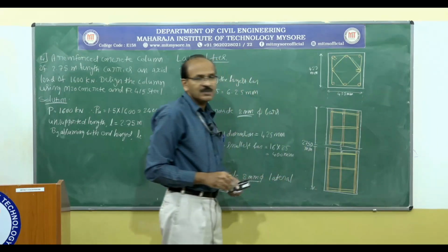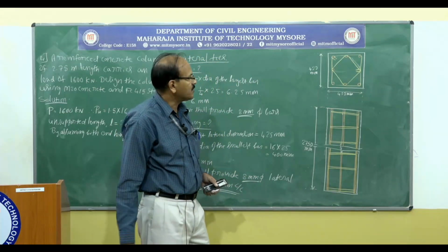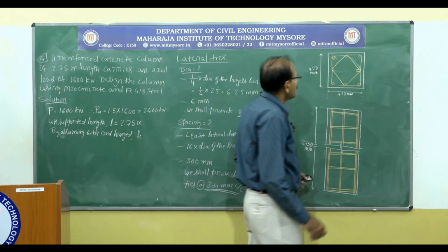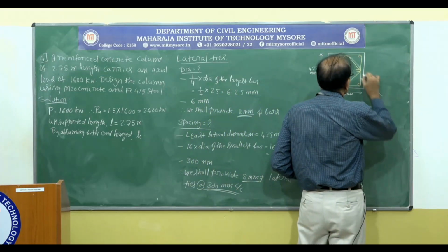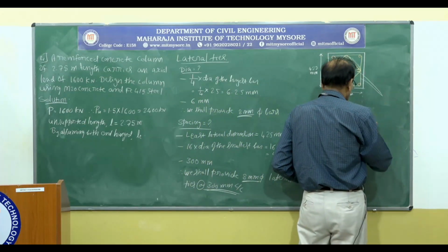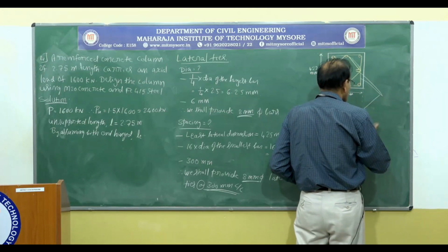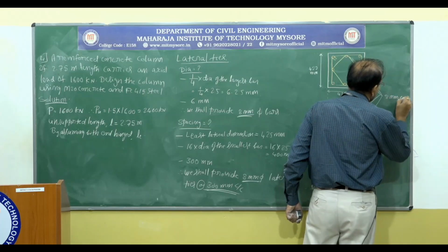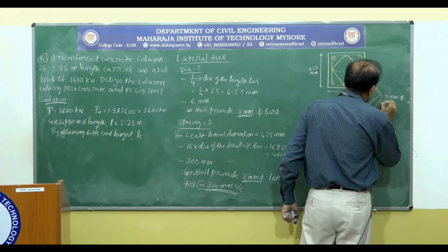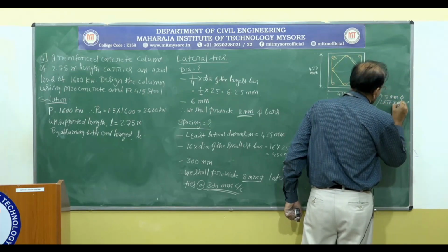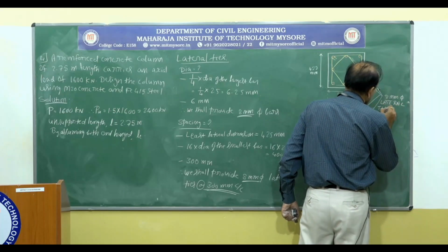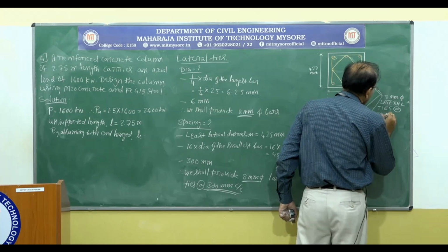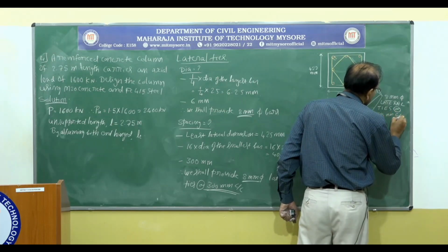So when you are expressing the dimensions in drawing, always express in millimeter. So these are the lateral ties, 8 mm dia lateral ties at 300 millimeter center to center.